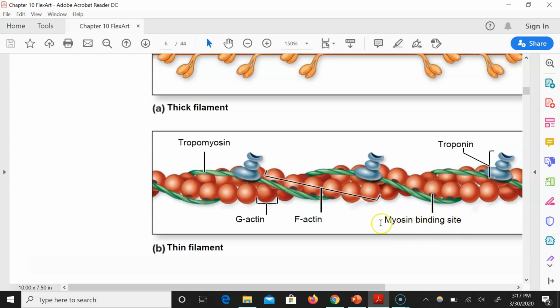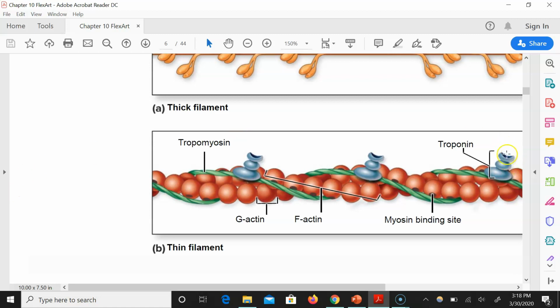That should tell you something. Myosin wants to bind to actin right there. But look what's in the way. That thing that's in the way is called tropomyosin. Tropomyosin blocks the binding sites that myosin wants to grab onto on the actin. Can't get to them. If you can't get to it, you can't get a muscle contraction. That's tropomyosin's job, is to block that.